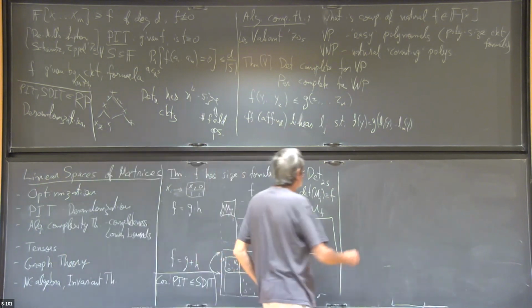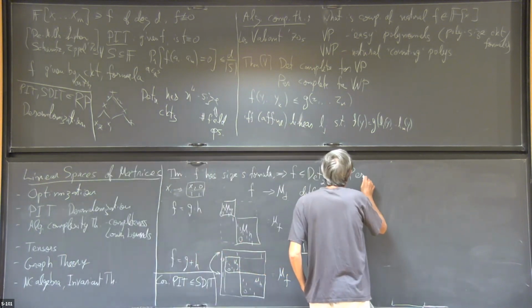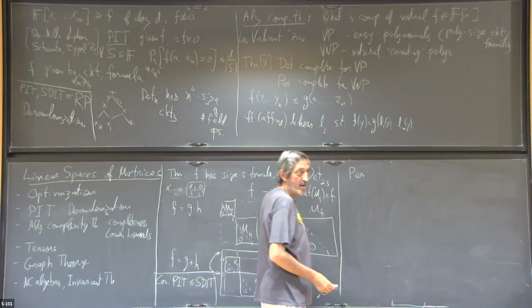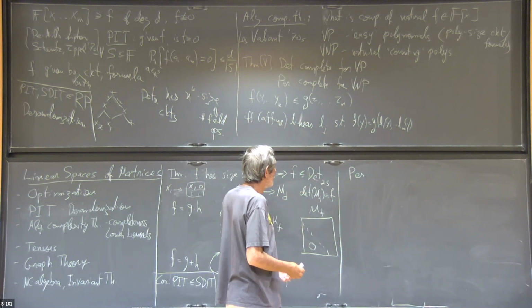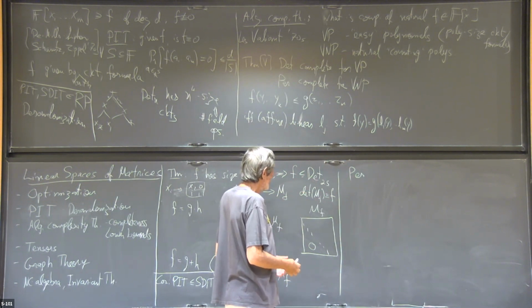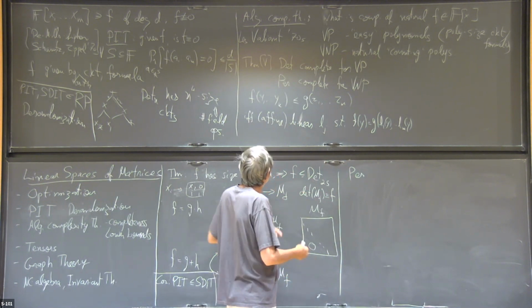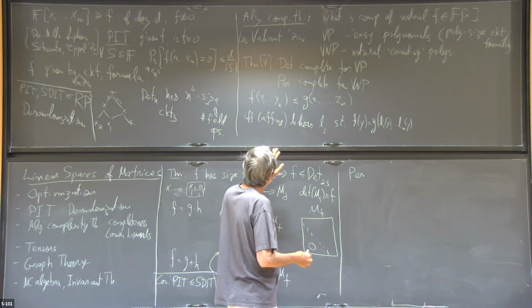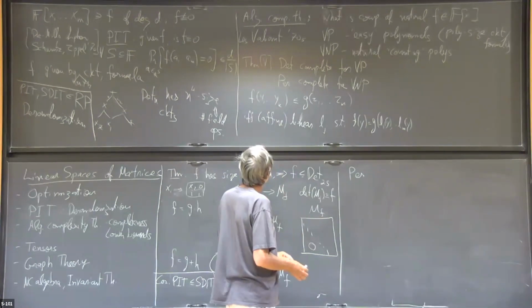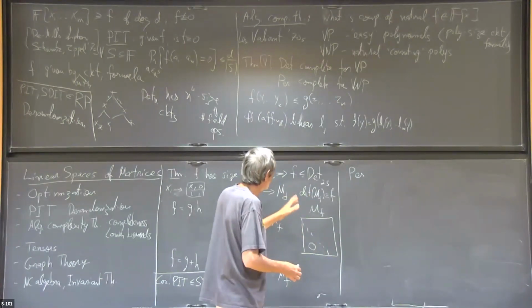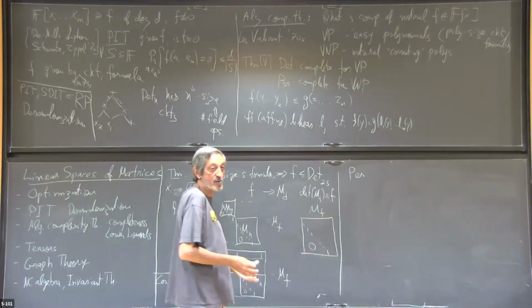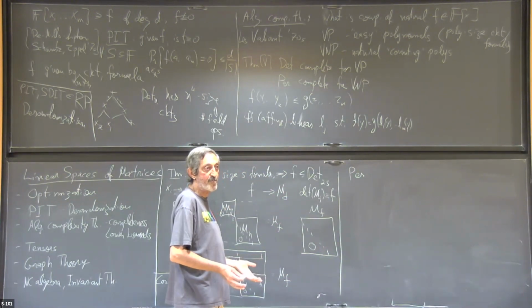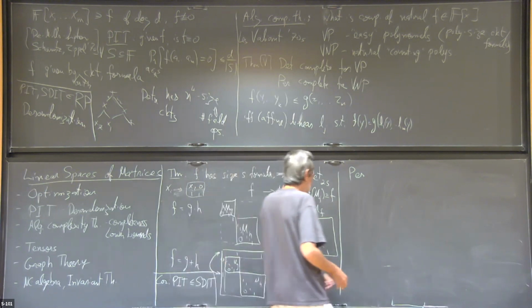So now about the permanent. I said that it's complete for VNP. So what does it mean? I'm not going to define it, but let's just compare it to the determinant, which is complete for VP. So we can ask the following question.